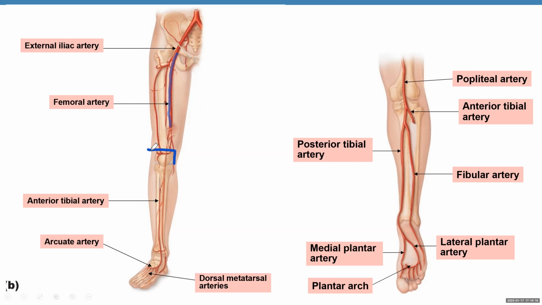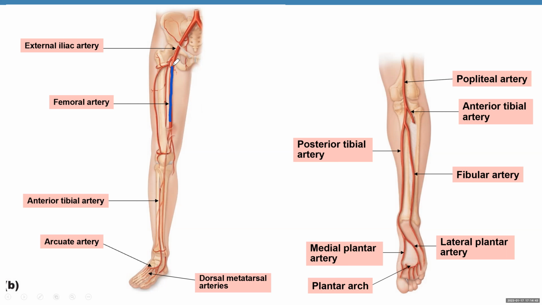When it's approaching your kneecap or popliteal region, just above it, it dips through what's called the adductor hiatus. So there will be a little opening over here between muscles, and the artery moves to the back, because you don't want this artery to run in front of your kneecap.